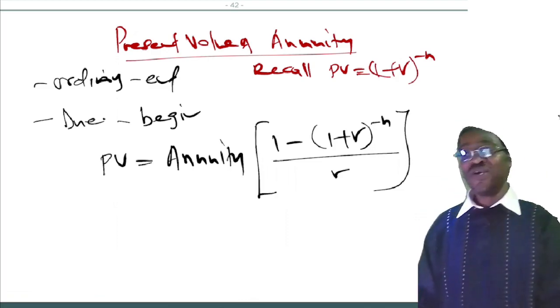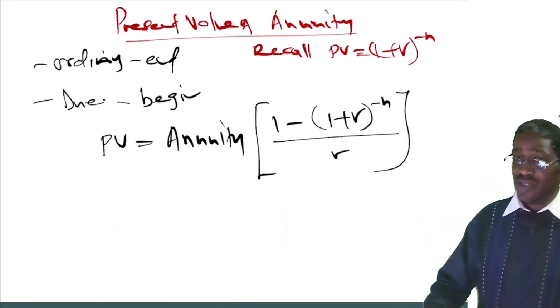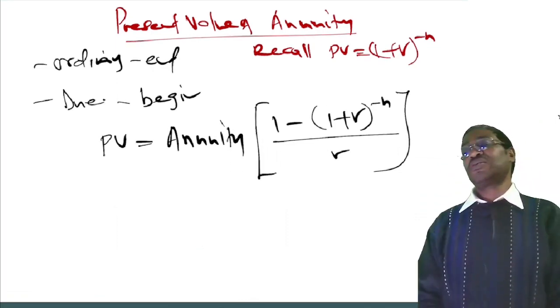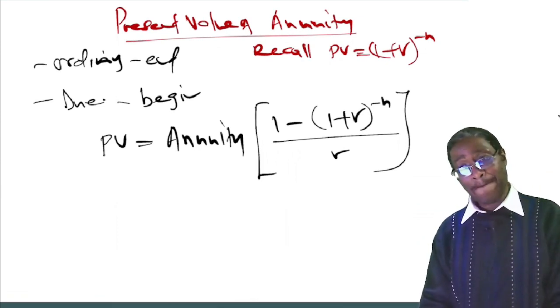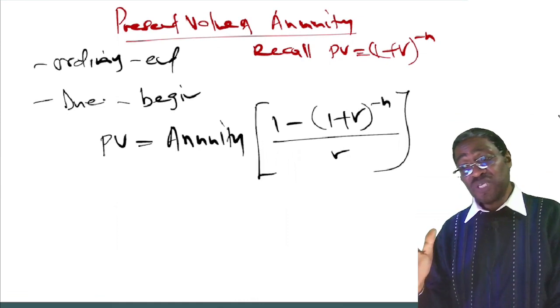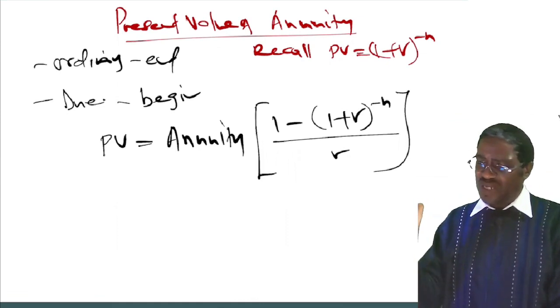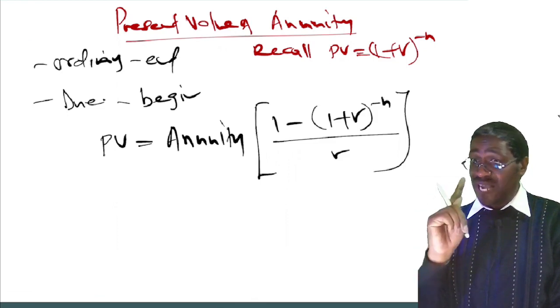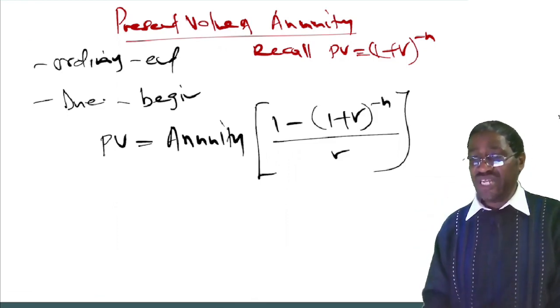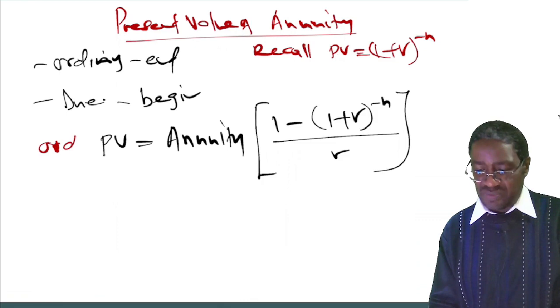Listen, you are investing 1 million, 1 million, 1 million, okay? You want to know, if I put in 1 million in the bank 1 year from now, because these are at the end, we are dealing with an ordinary annuity.